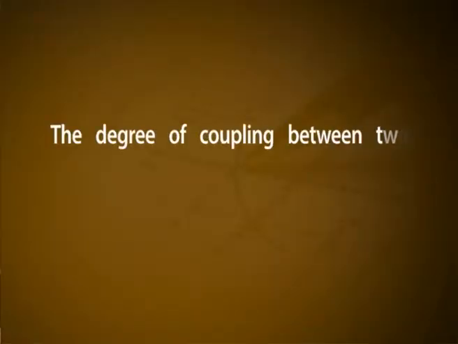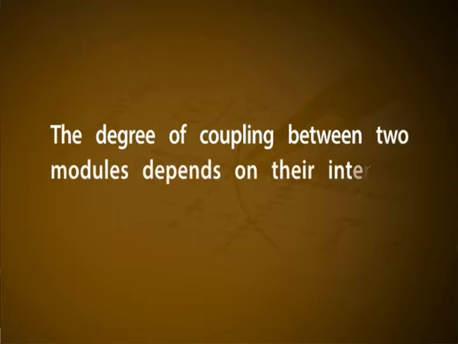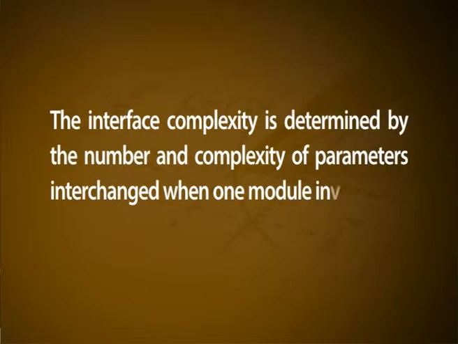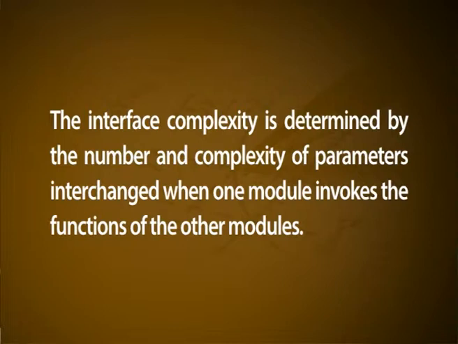If two modules do not interact with each other, or if they interact by passing no data or only a few data items, they are said to have low coupling. The degree of coupling between two modules depends on their interface complexity. The interface complexity is determined by the number and complexity of parameters interchanged when one module invokes the functions of the other modules.